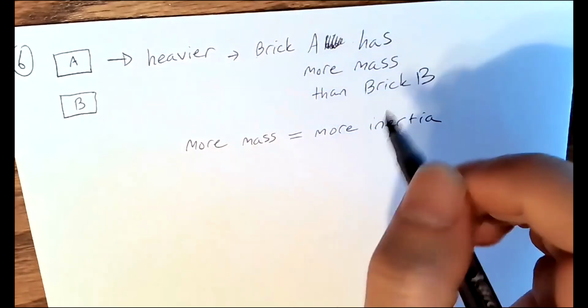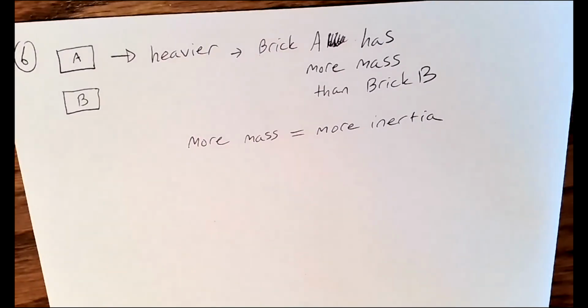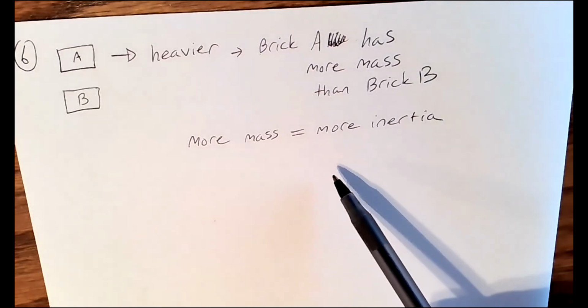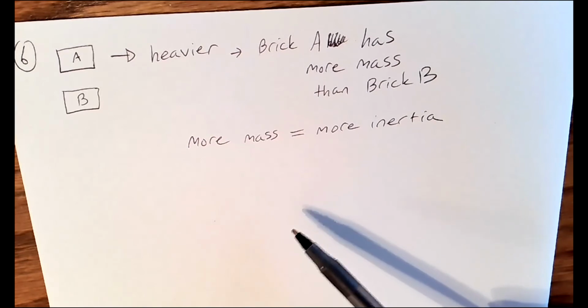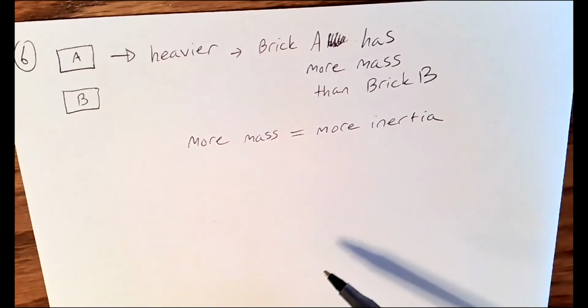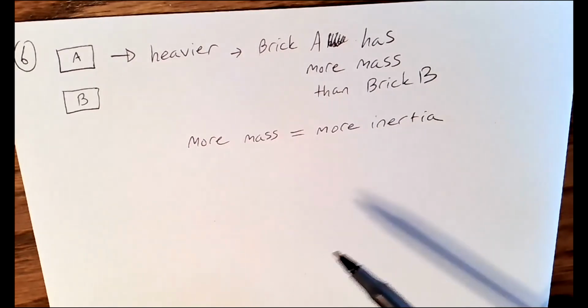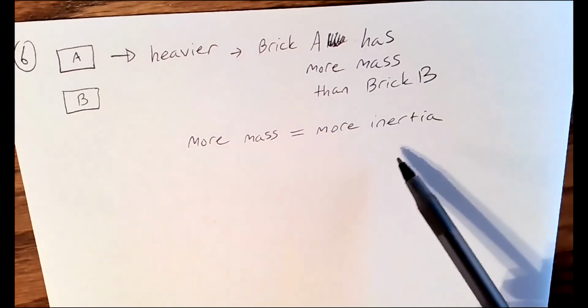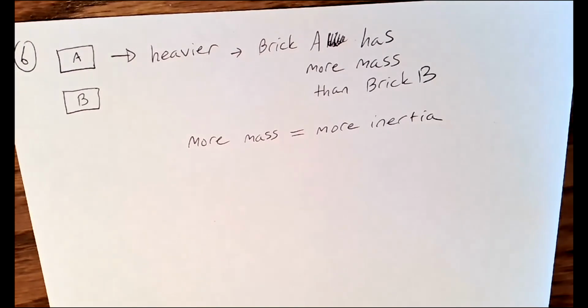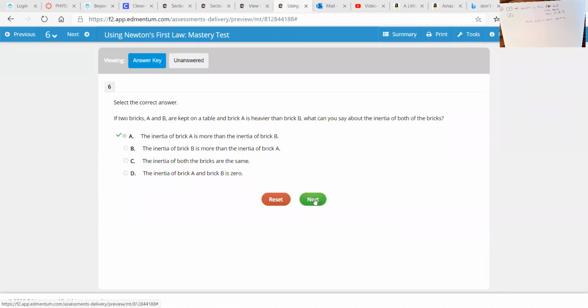So the more massive an object is, the more force it's going to require to move it if it's stationary, or stop it if it's in dynamic equilibrium. Okay? More mass, more inertia. So the inertia of brick A is larger than the inertia of brick B.